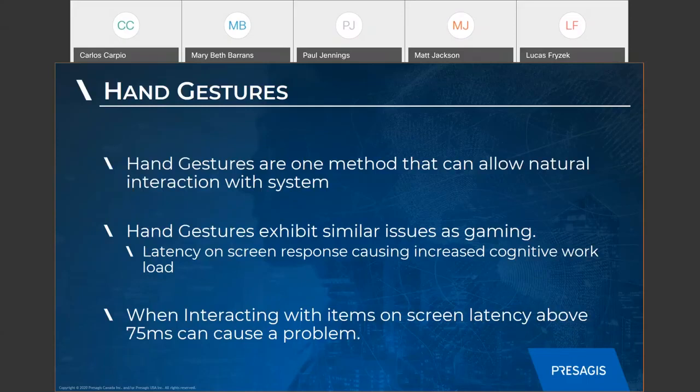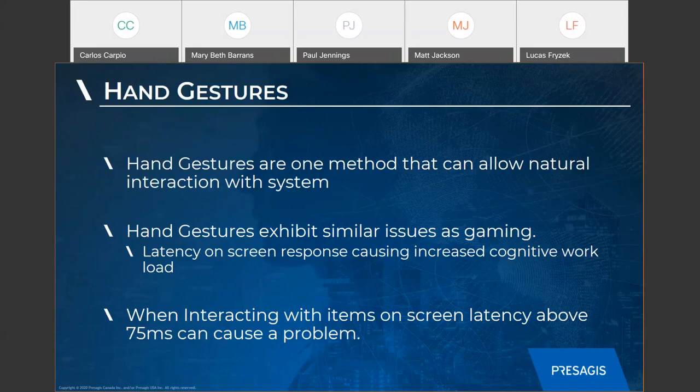You need to make sure that the feedback loop to you as a user is quick. So if we're showing a representation of a hand or something else that we're tracking, we want to make sure that any latency above 75 milliseconds is avoided.